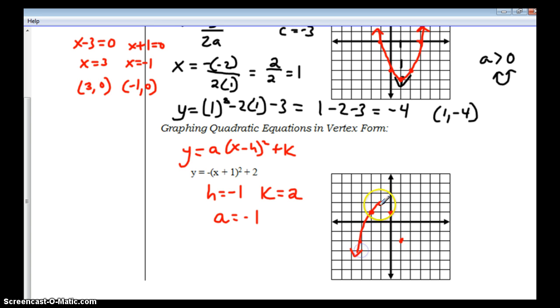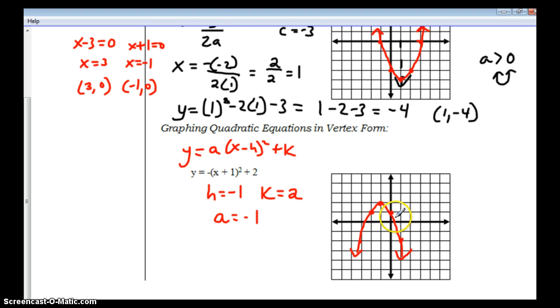So remember, for our vertex form, we can use our knowledge of the parent graph. Remember, the parent graph is the graph that's at the origin, where h and k are 0 and a is 1, so it's going up.